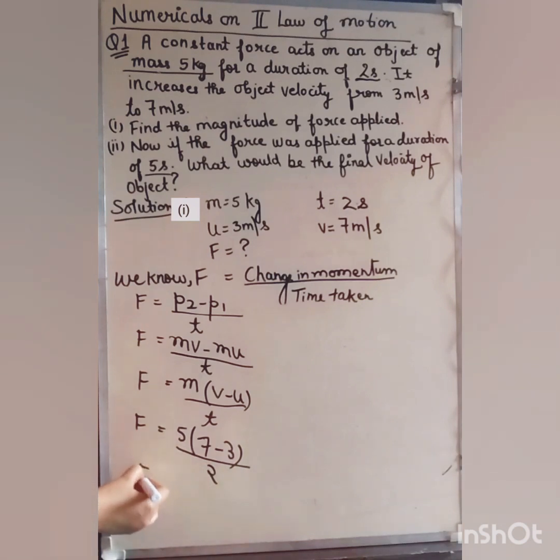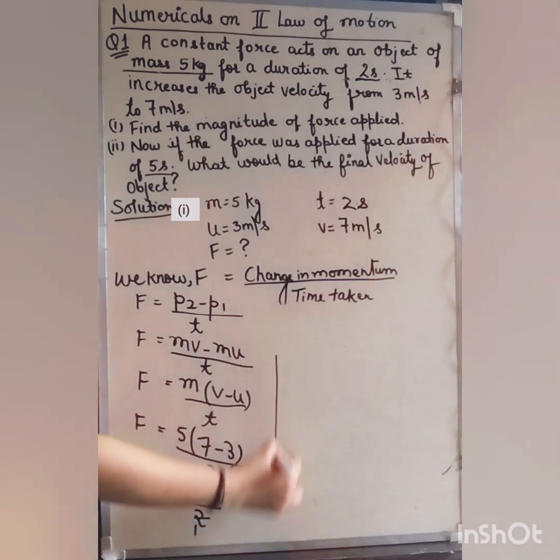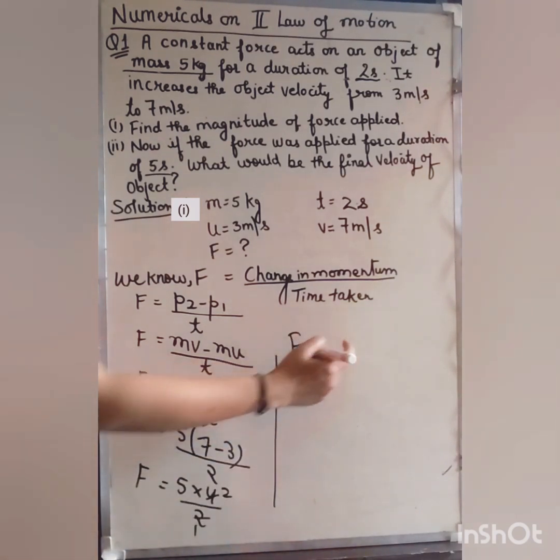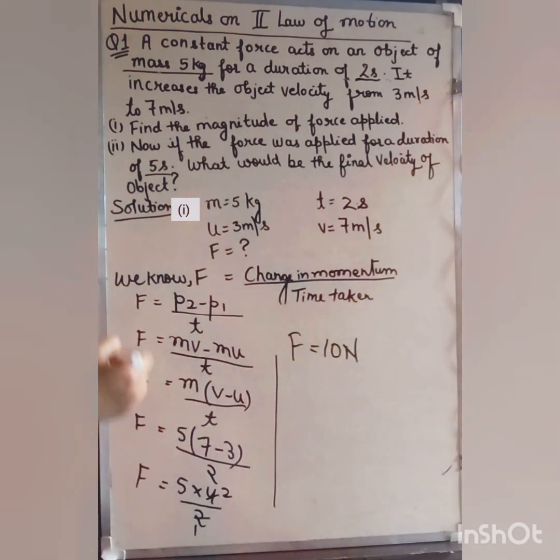So force will be equal to 5, and 7 minus 3 will give 4 upon 2. 2 twos are 4. So the value of force will be 5 into 2, that is 10 Newton.